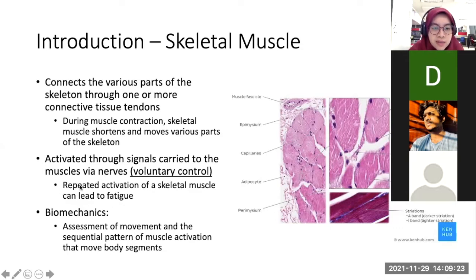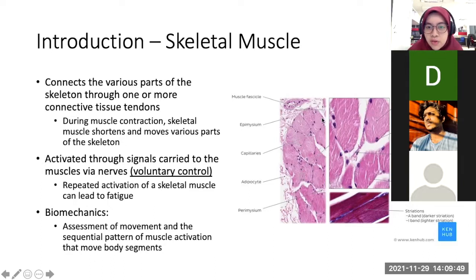This shortening or contraction of skeletal muscle, if it happens repeatedly, can lead to fatigue. Okay, at one time we feel fatigue. Okay, and there's this field of biomechanics which actually assesses the movement and also the sequential pattern of muscle activation that moves body segments.